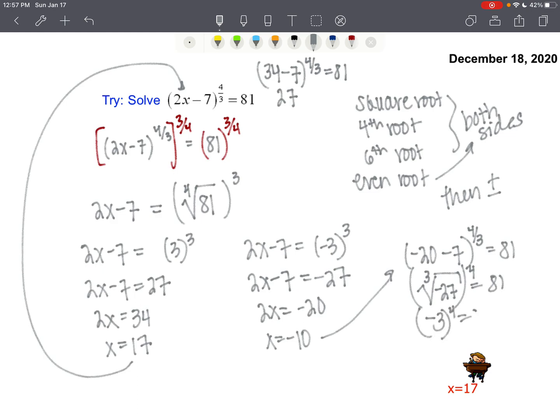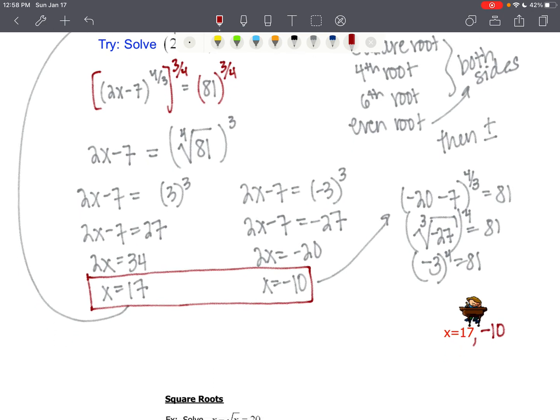Negative 3 to the 4th power is 81. Both of those are answers. So x equals 17 and x equals negative 10 are both answers. If you don't do the plus or minus, you're going to miss out on one of the very, very important answers.